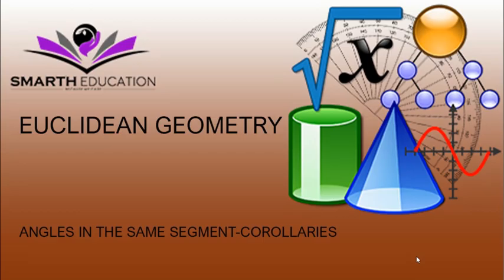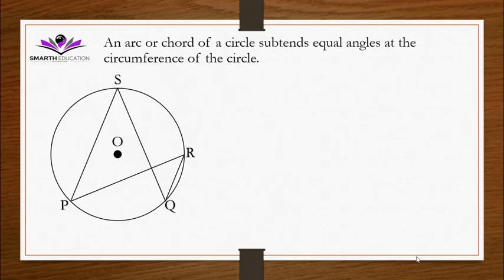Okay, let's start our lesson. So we talked about this in the previous lesson. We said that an arc or chord of a circle subtends equal angles at the circumference of the circle. Like here we have the arc PQ, or a chord PQ.